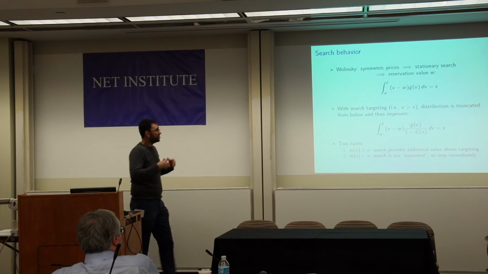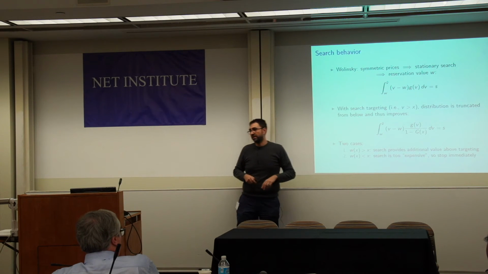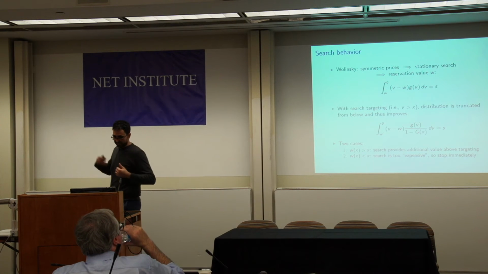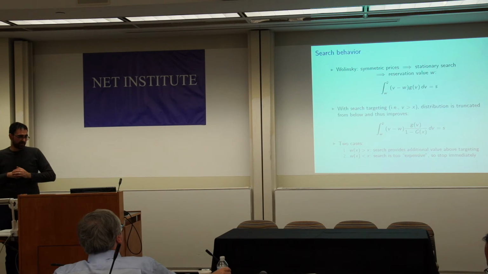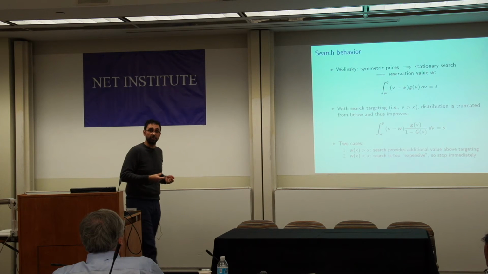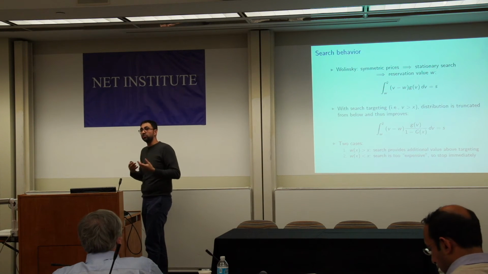And what this boils down to is, again, the same sort of cutoff strategy, and there are going to be two subcases. The first case, I've written as W is bigger than X. This is the case of X less than X star in Zach's notation. That's where search is providing additional value above and beyond the initial targeting. In the reverse case, search is too expensive.